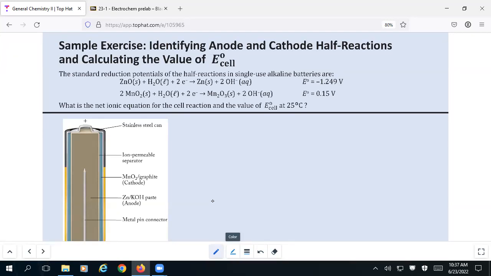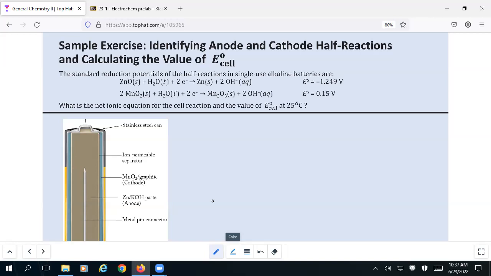Okay, so when you're presented with a problem like this, you've been given 2 reduction potentials. The approach here is we need to figure out which one is actually going to get reduced.